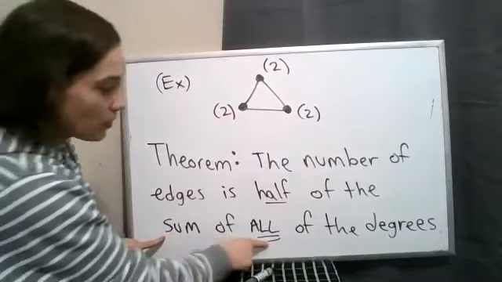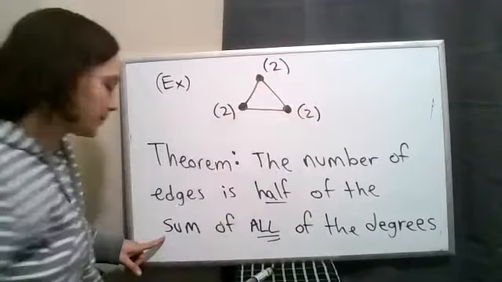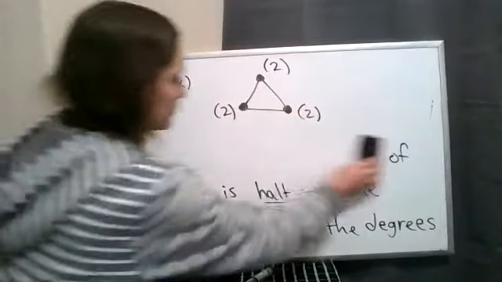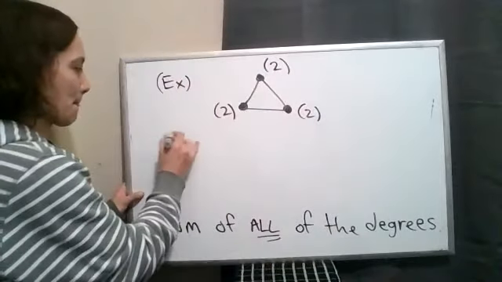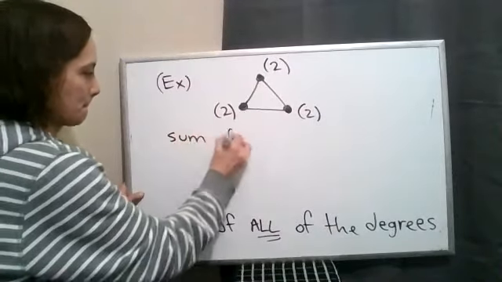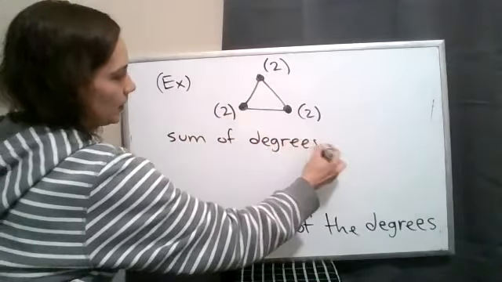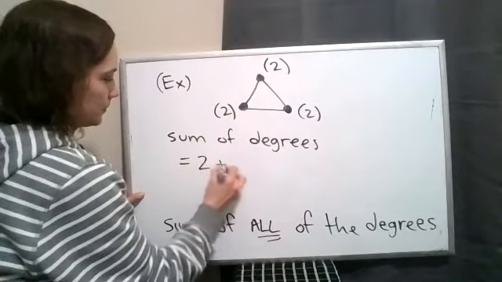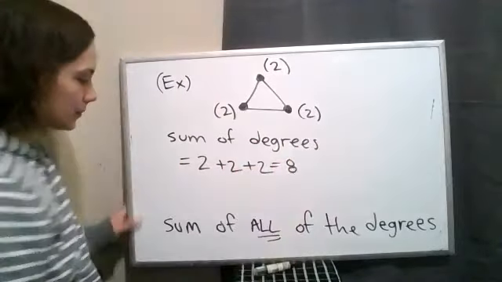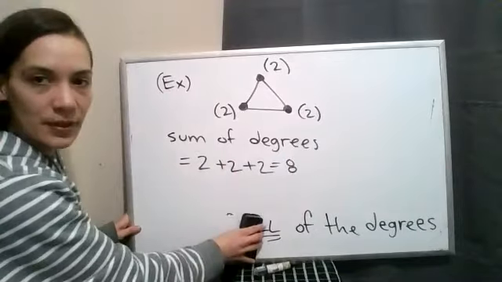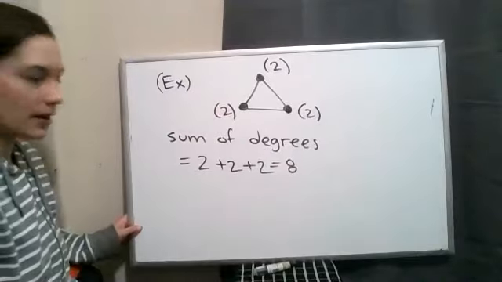So the sum of all of the degrees would be 2 plus 2 plus 2. Okay, if we take that number and cut it in half, it tells us how many edges there are.